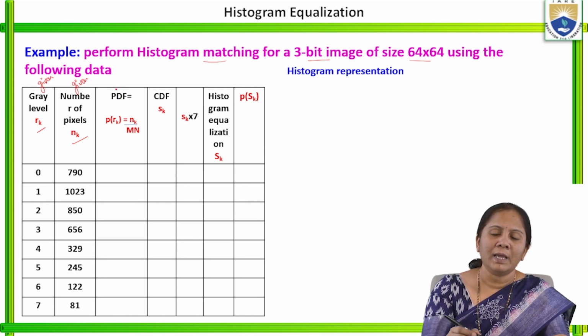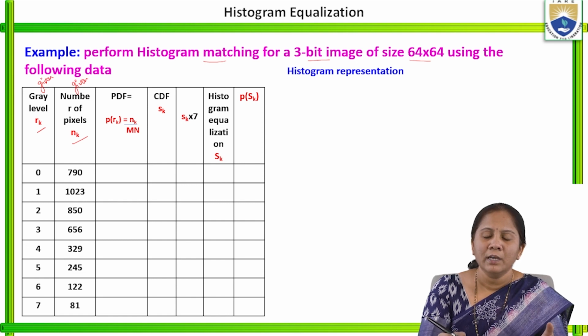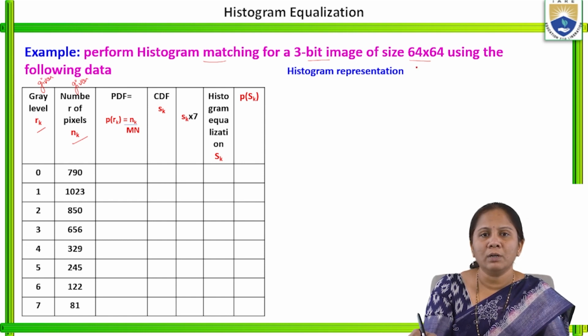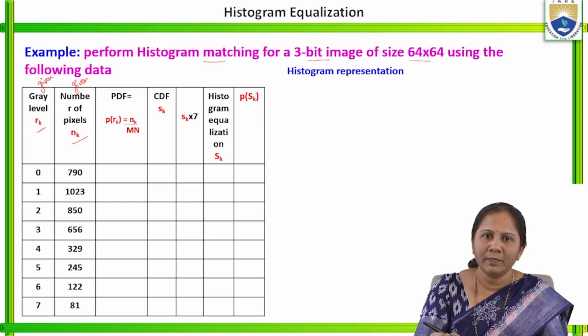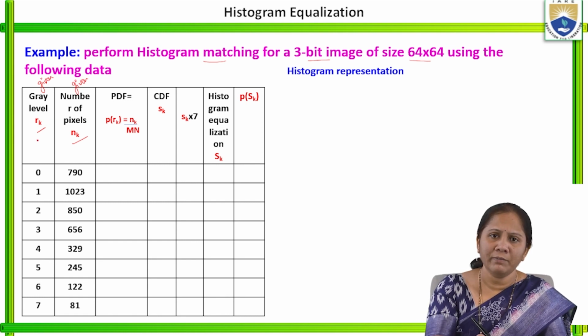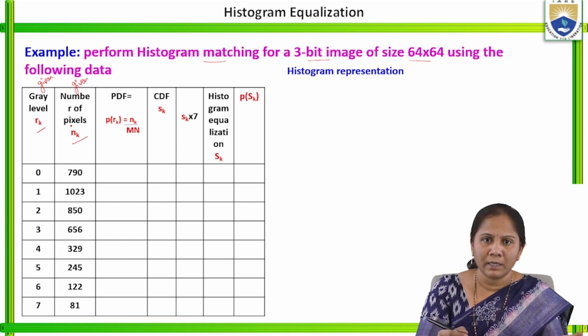The formula to calculate this PDF: in order to perform histogram matching, the initial step is to calculate histogram equalization for each image. So we are now performing histogram equalization for the given image having gray level Rk with the number of pixels Nk.